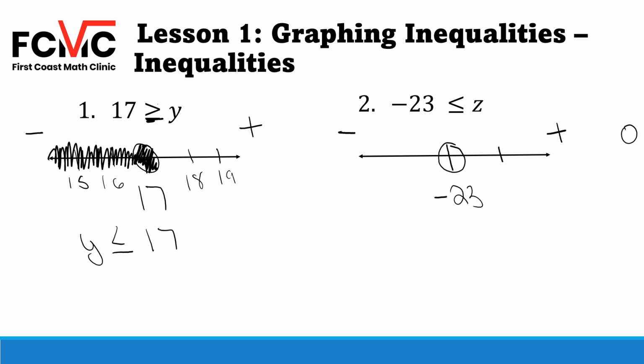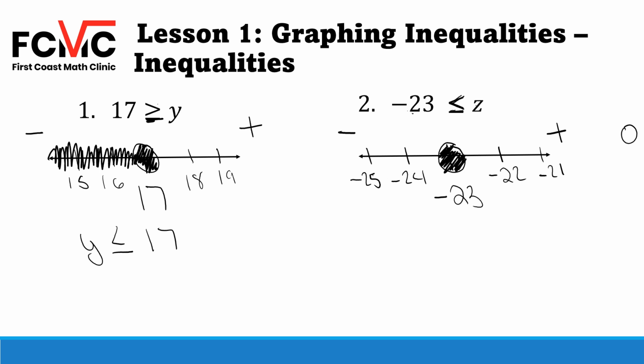So this value is going to be like negative 22, negative 21, and to the left negative 24 and negative 25. Negative 23 is less than or equal to z, so I want a closed circle here.